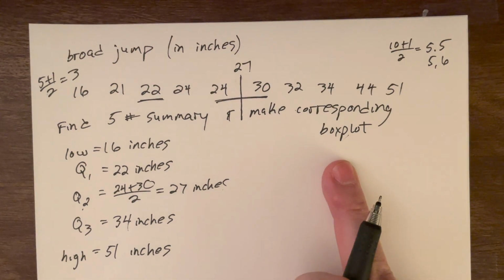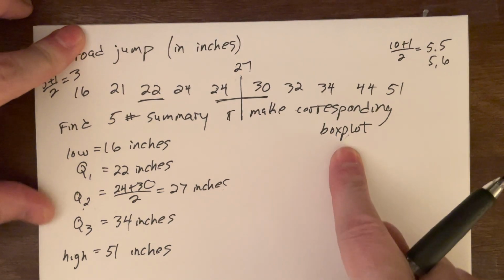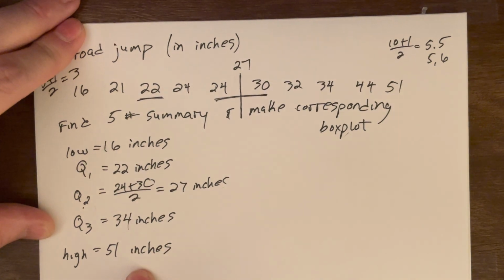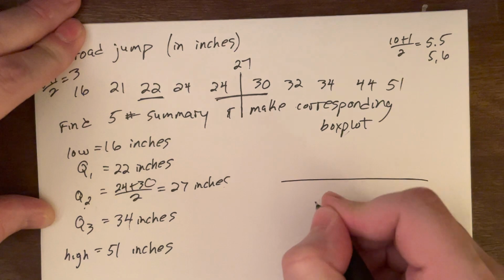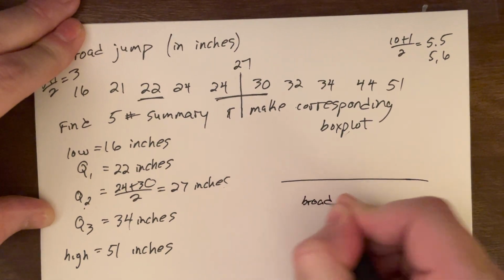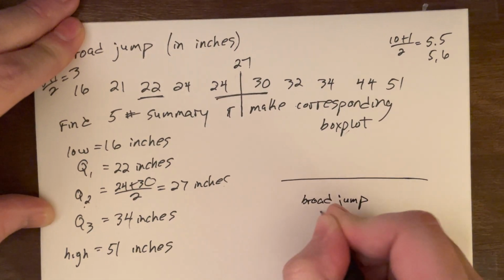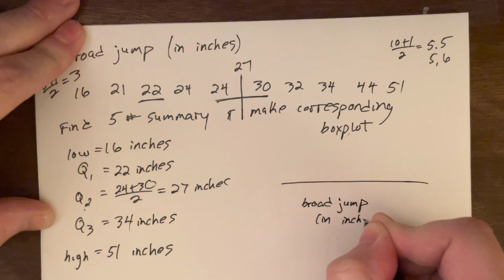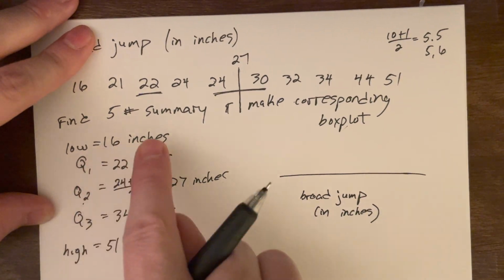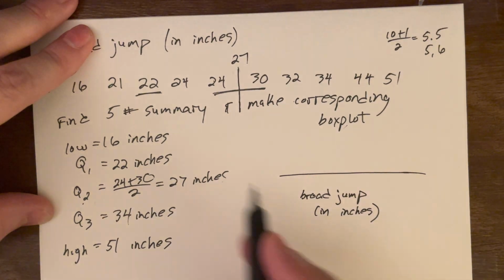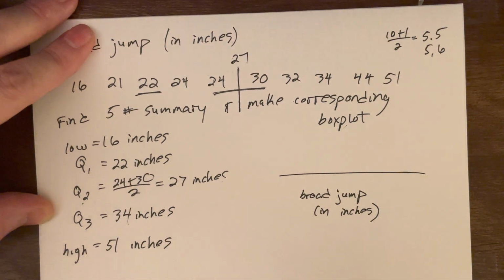But while I'm here, before I keep going, let me go right into the box plot. We found the 5 values. So looking at these, let me get a decent scale. Broad jump, measured in inches. Again, I don't have to start at 0 here if the first value is 16. You set your scale.